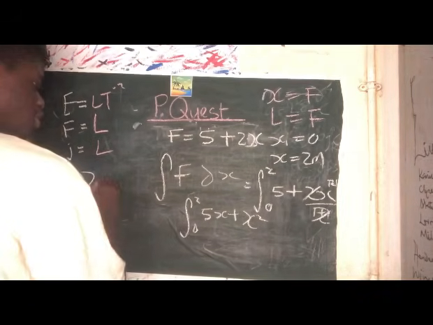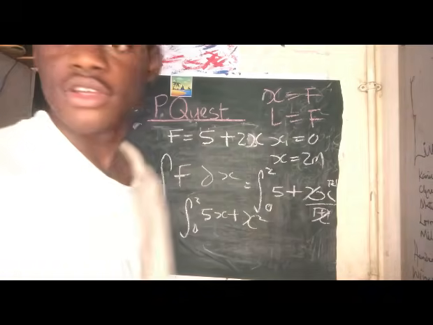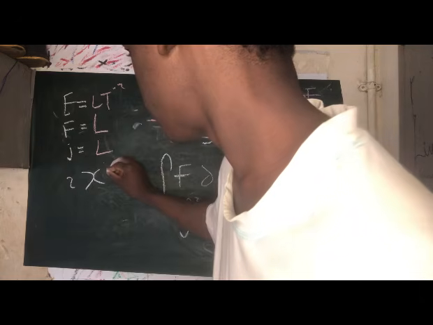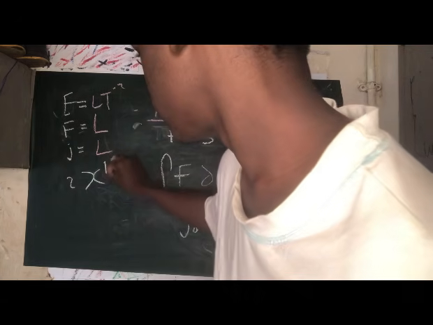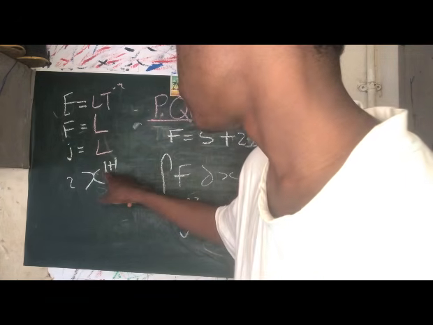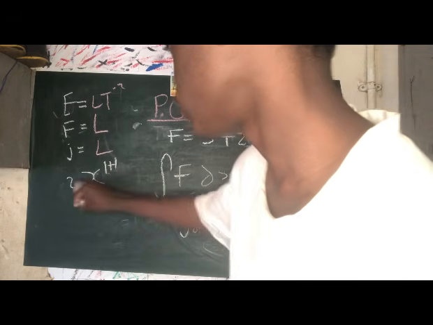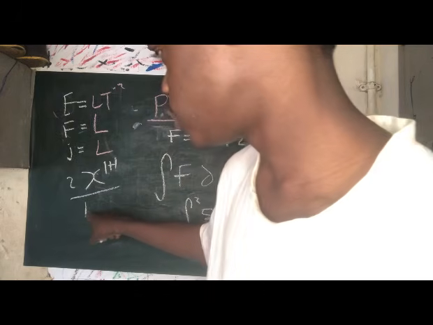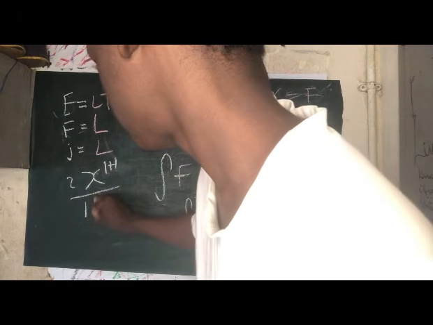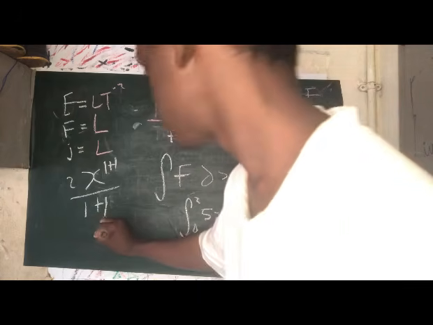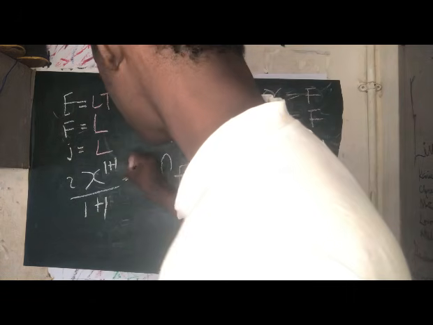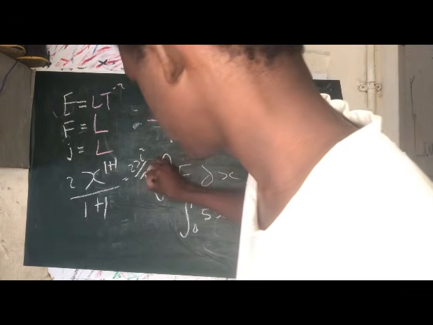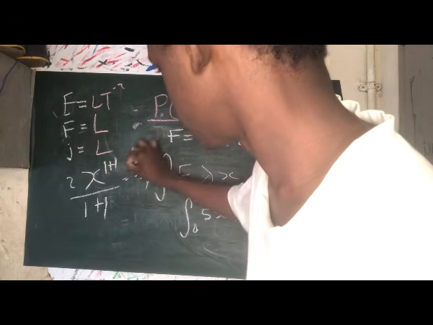If you want to integrate 2x, what you do is add 1 to the power, since initially it has 1 there, and you add 1 in the denominator too, because the denominator originally has the new power. So that will be 2x squared over 2, and the 2 cancels the 2.